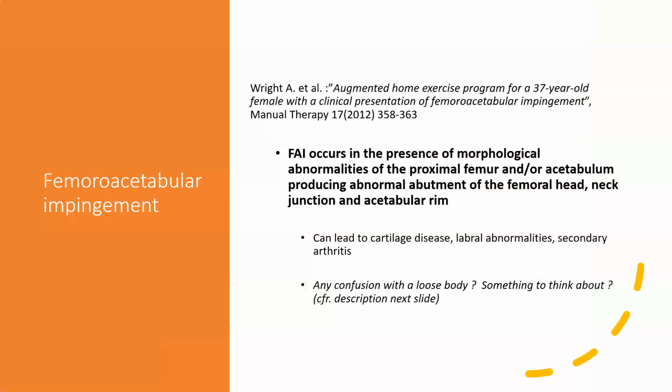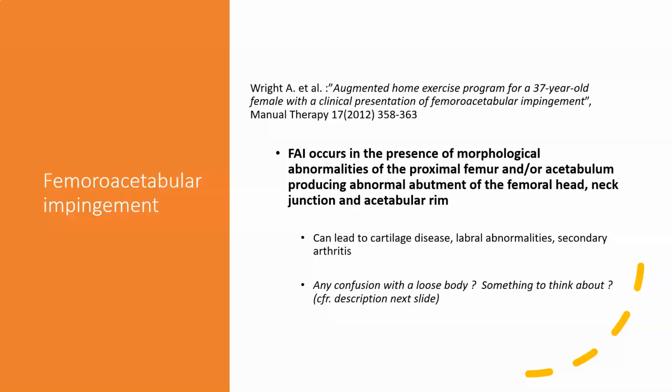What about femoroacetabular impingement? This was also an interesting article about a home exercise program for a young patient. And they also described in this article that this femoroacetabular impingement occurs in the presence of morphological abnormalities, so that there is a kind of impingement.